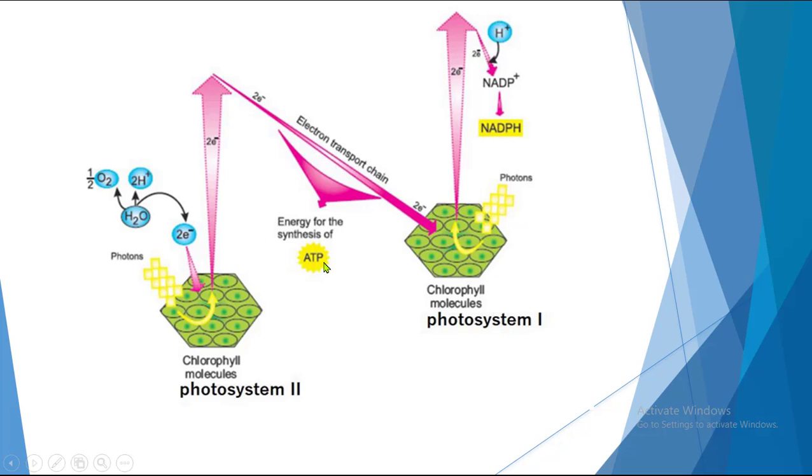So the first output we get here is ATP, the energy rich molecule which we discussed in the previous slide. That ATP is formed during light reaction, during the electron transport chain.